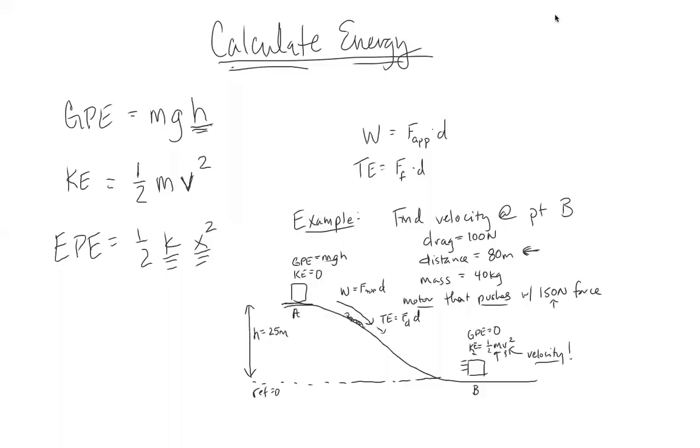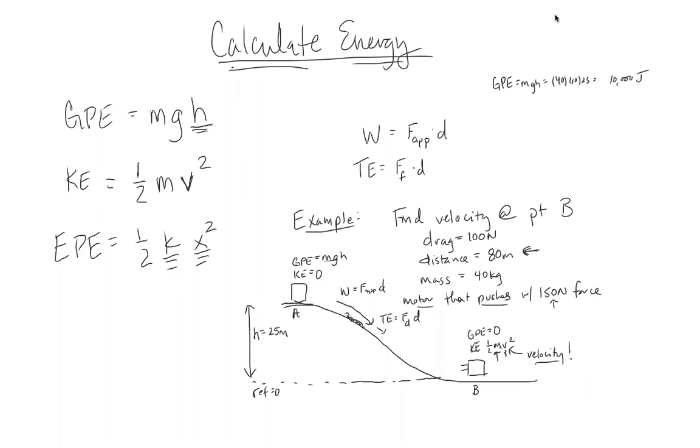Let's go ahead and calculate all our different energies so that we can get at what this kinetic energy is. We know that our potential energy is equal to mgh, which is 40 times 10 times 25, which is equal to 10,000 joules.